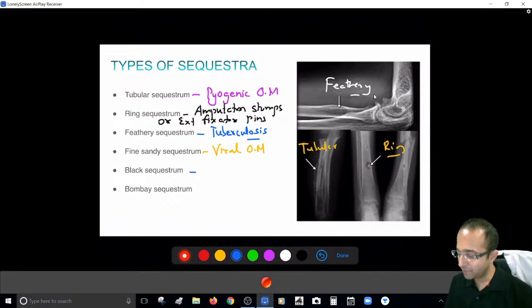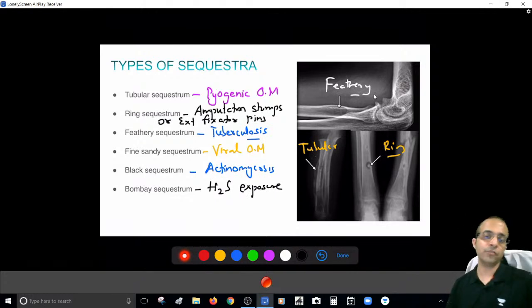A black sequestrum you generally tend to find in actinomycosis. And Bombay sequestrum when bone gets exposure to hydrogen sulfide, H2S. So these are some of the common types of sequestra that you might have to come across during your exam. So please do have a good look, at least at these pictures.